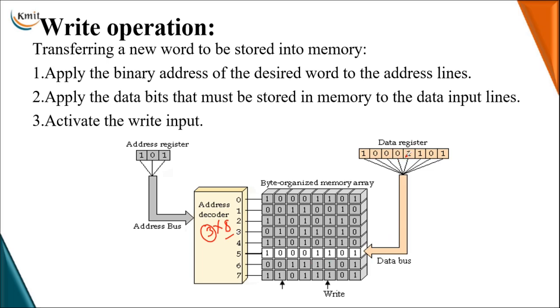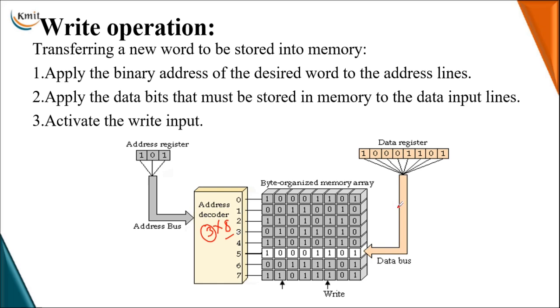That data content from the data register travels through the data bus and is loaded into the selected memory location. Storing new data into the selected memory is called a memory write operation.